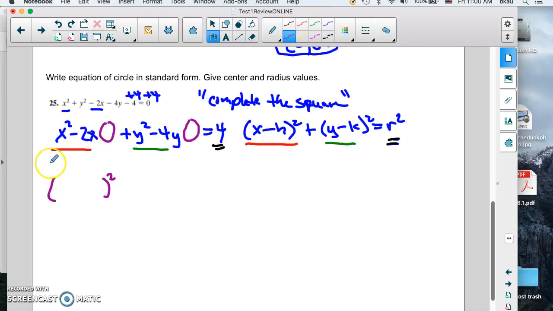So I need to create a three-term factor that has x minus something squared in it.